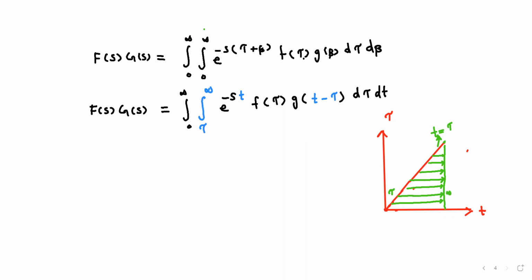Now I change order here. This order will be reversed. So I draw again axes, the t axis and the tau axis.